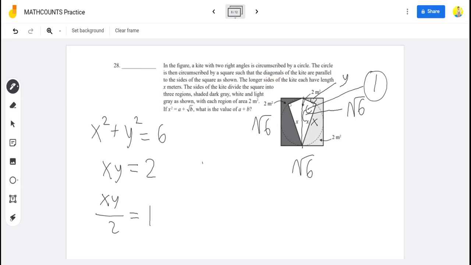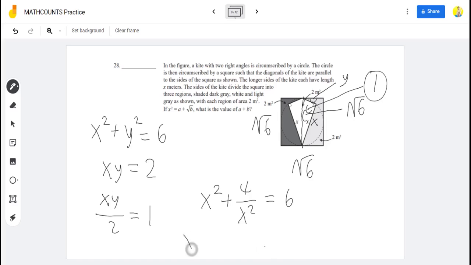And to solve for x and y from here, we can plug in y as 2 over x. So x squared plus 4 over x squared equals 6.